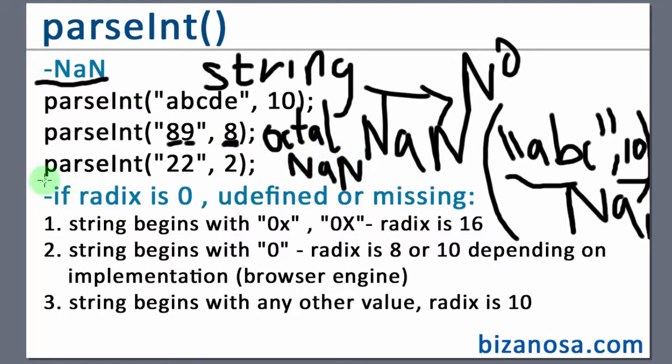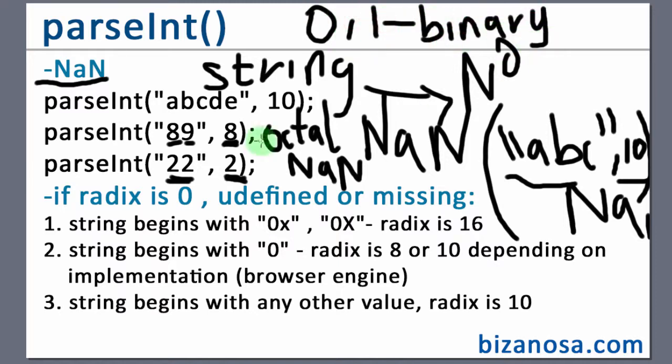And then this one, trying to convert this one into a binary number, we know a binary number only has 0 and 1. Only these two. And we're trying to convert these ones into a binary number. These are not available in the binary digits. So these ones will give you NaN.